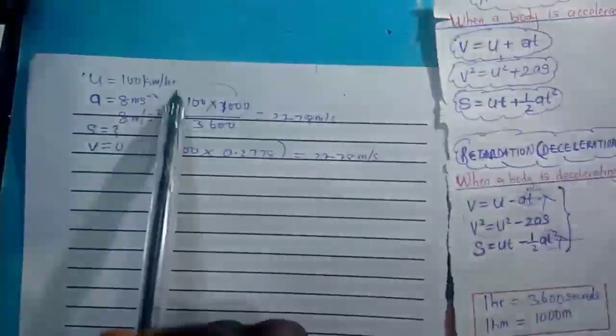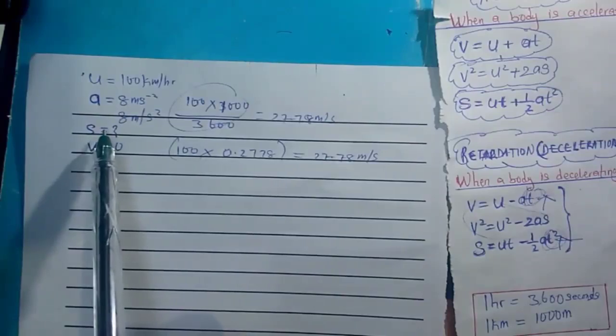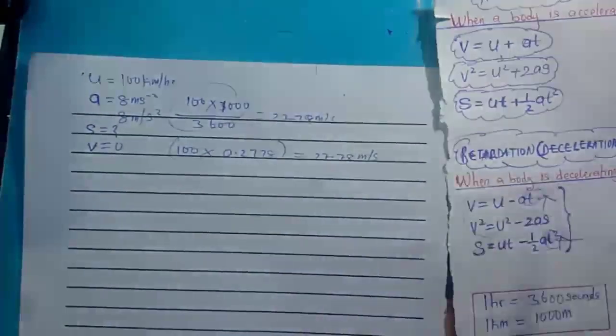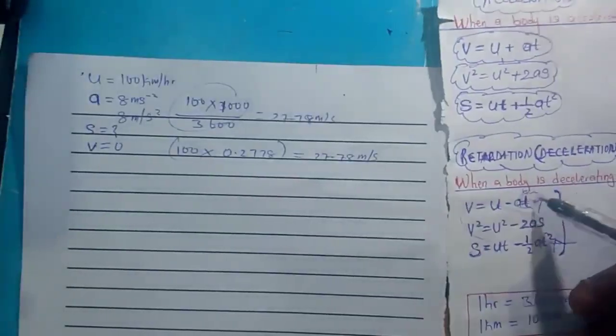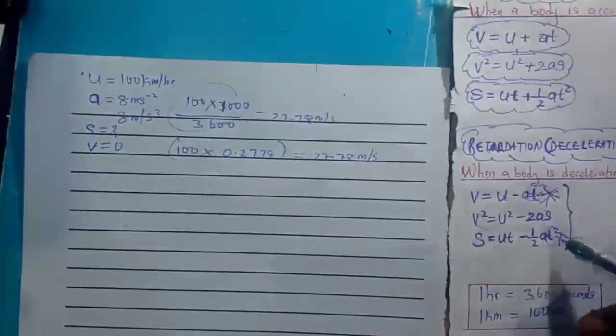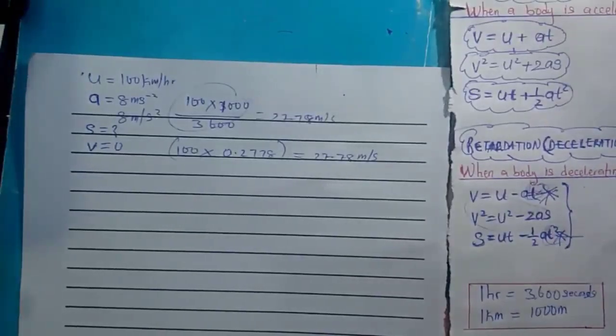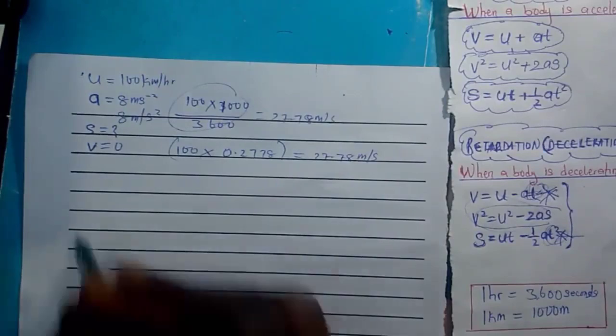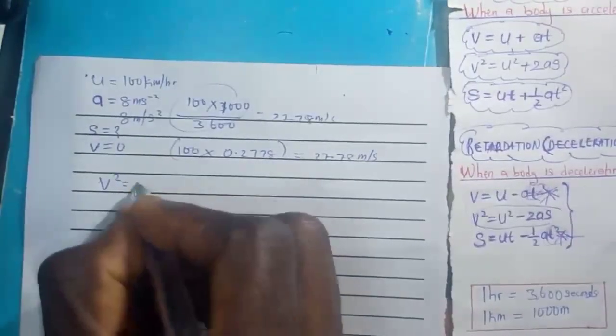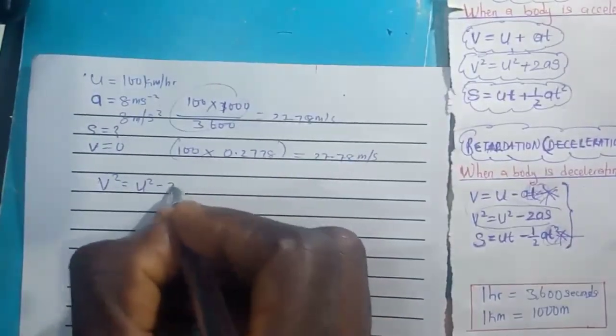If you look closely, time is not given and we are not asked to look for time. Therefore, we can do away with all the expressions that have t. So we are left with v square is equal to u square minus 2ax.